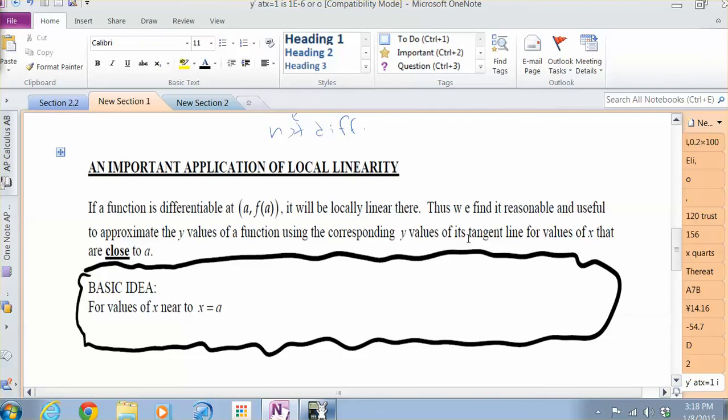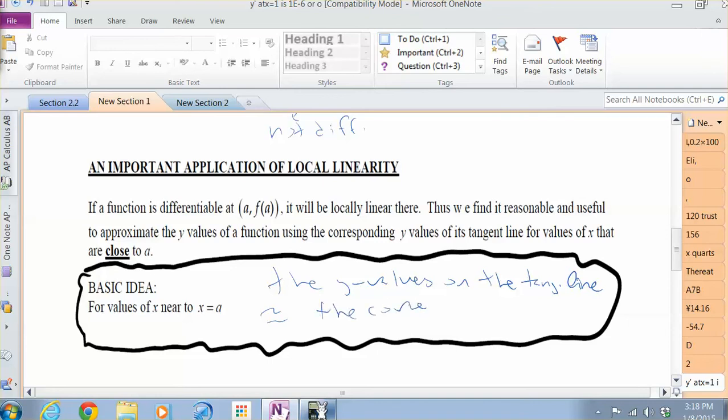So the basic idea here is that the y values on the tangent line will approximately equal the corresponding y values on the curve.